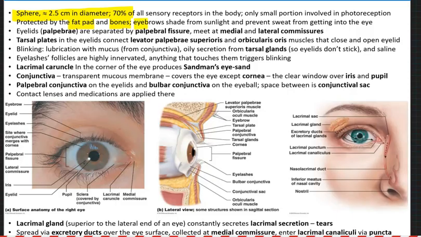So, eyebrows. The role of eyebrows, come on, sunlight, not really, but sweat. They prevent sweat from getting into your eyes. They're not terribly successful at it if you ever sweat really heavily. So, and then we have eyelids. The fancy name for them is palpebrae.